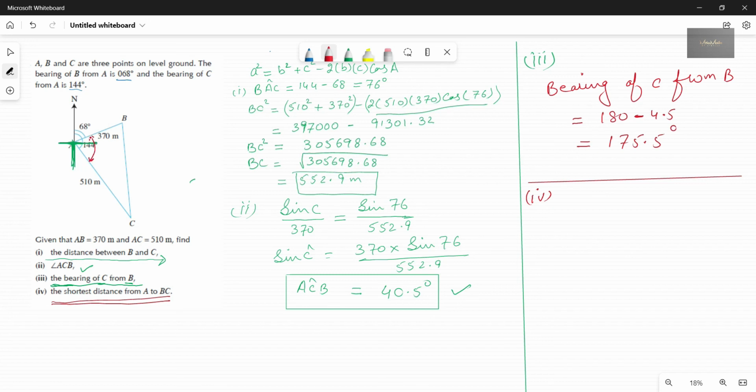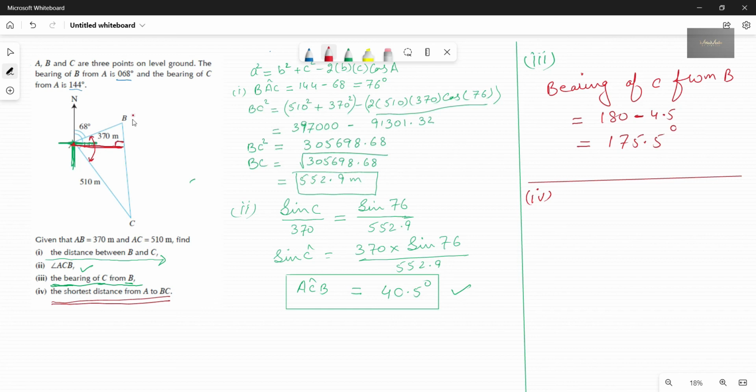I will explain the method, but first let me draw the shortest distance from A to BC. From A to BC, the shortest distance will be a line at 90 degrees, a line that will make a 90-degree angle with the line BC. Any distance which is measured at a 90-degree angle is the shortest distance, right?